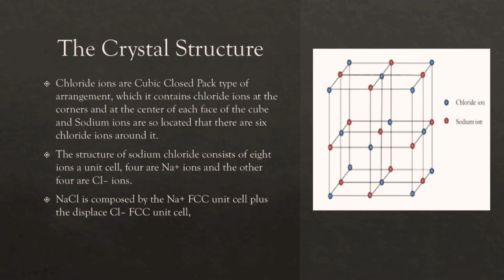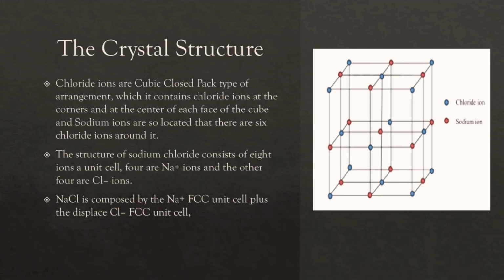I'll start with the crystal structure of natrium chloride. Chloride ions are in a cubic close-packed type of arrangement, which contains a chloride ion at the corner and at the center of each face of the cube, and sodium ions are located so that there are 6 chloride ions around each.